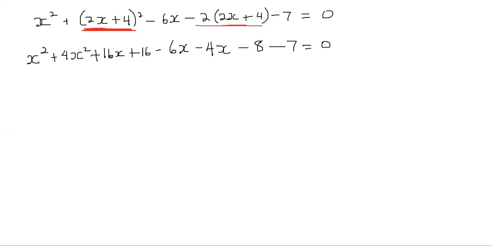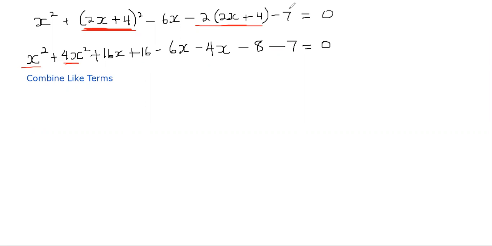All right, so what we're going to do at this point, as in the first video, is combine like terms. Remember, like terms are terms with the same algebraic symbols. So I have here x squared. Do you have any other x squared terms? 4x squared is the only other x squared term we have.